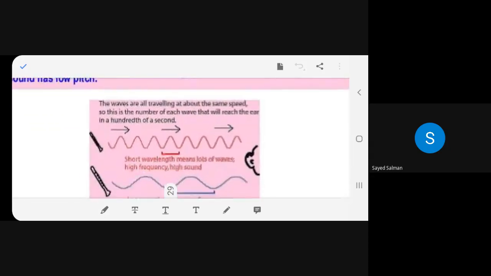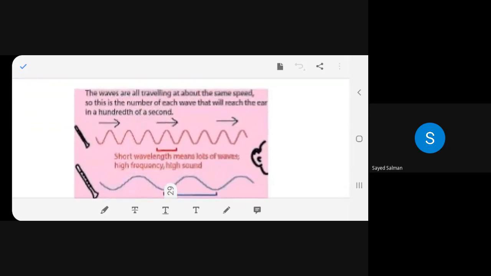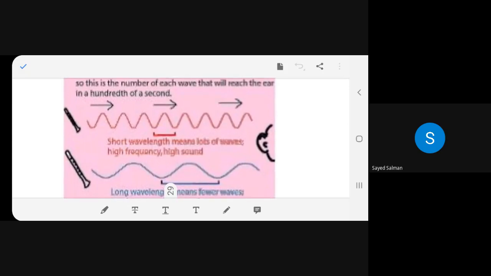Now, waves generally travel at the same speed. So, how many waves will reach your ear in that particular time? You can make out over here. This is your ear, right? And the waves are traveling and reaching your ear. These are the short wavelengths. That means so many waves are coming with high frequency and high speed.